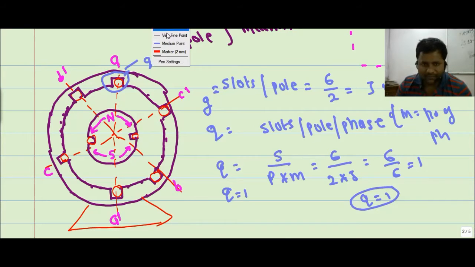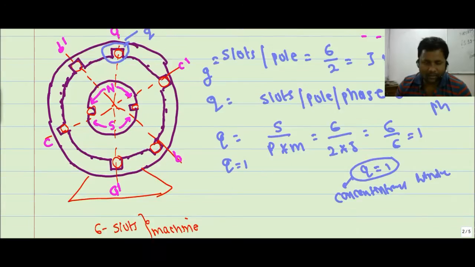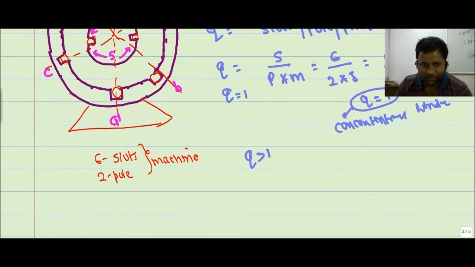If Q is 1, it is called concentrated winding. And if Q is greater than 1, then it is called distributed winding.